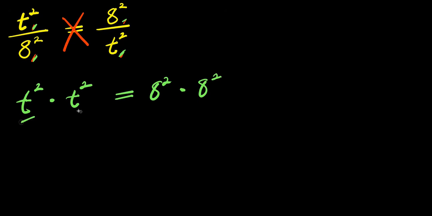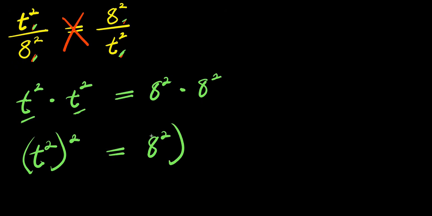Since this is t² times t², we can express it as (t²)², and this equals (a²)². Remember, if you multiply this out, you are going to have a⁴, and if you multiply this one out, you are going to have t⁴. Now, t² times t² will give you the same thing as t⁴.